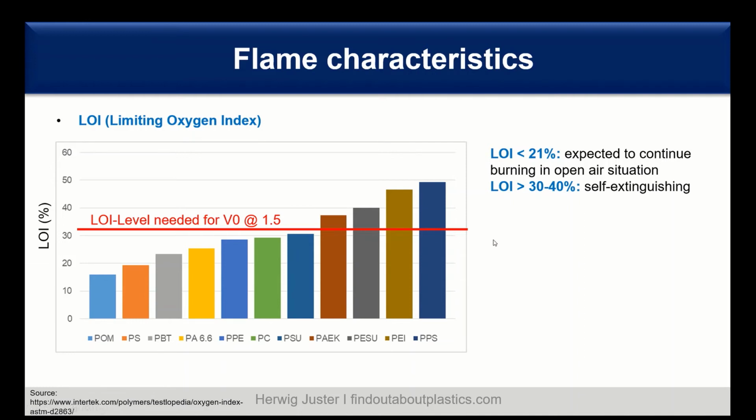Whereas when we look at high performance polymers such as polyaryletherketones, polysulfones and PPS, they're way above 30, so they can really fulfill the self-extinguishing property. And here is also written the LOI level needed for a V0 at 1.5 millimeter: it is above 30 to 40%.